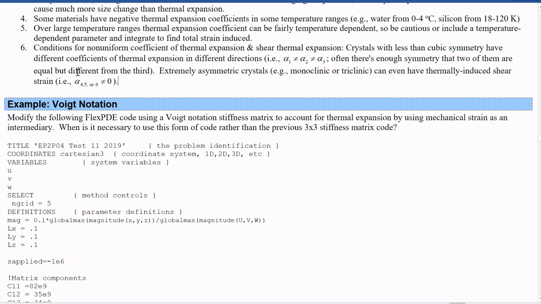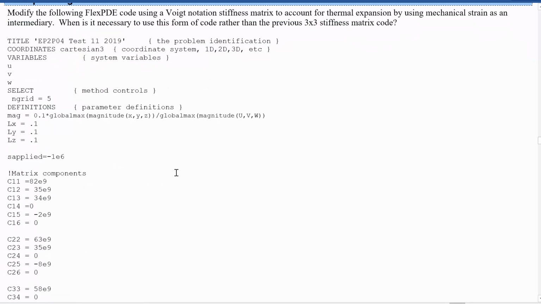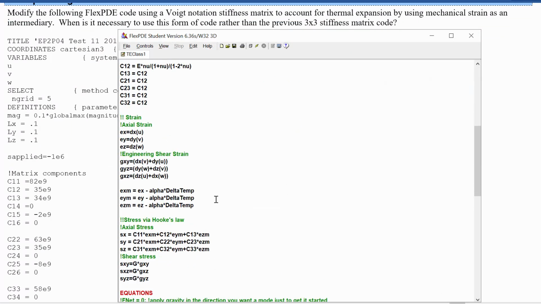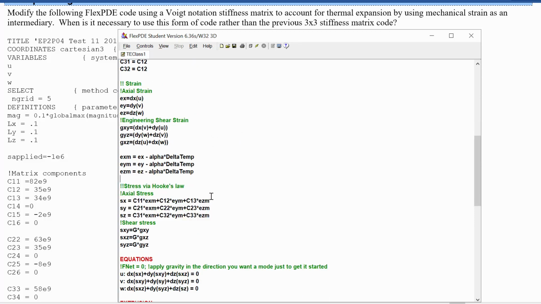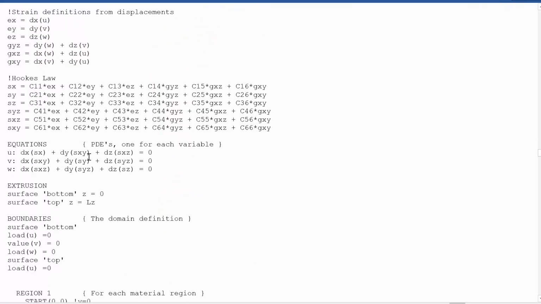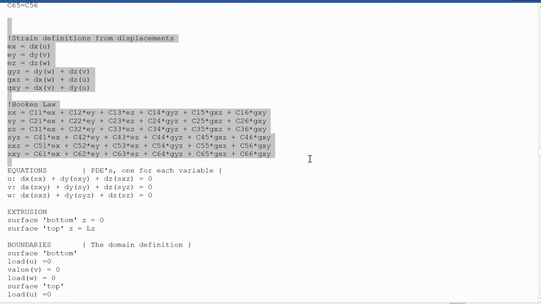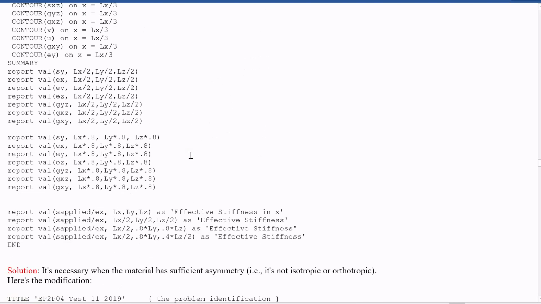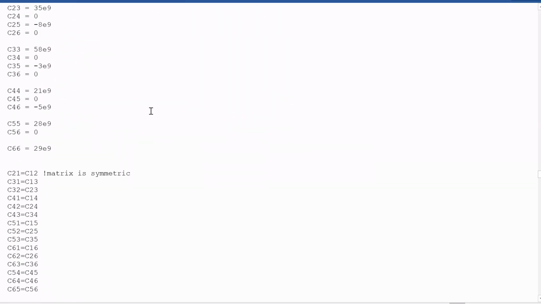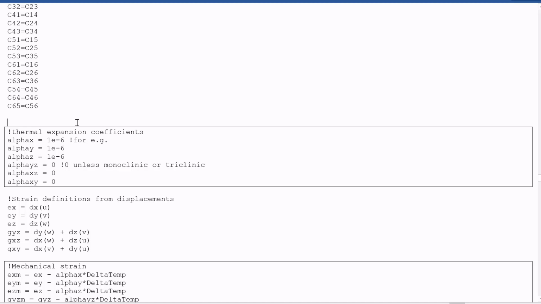In order to deal with that kind of asymmetry, we're going to want to set up FlexPDE a little bit differently than we did in the last example, when we were just having it deal with possibly the same alpha in X, Y, and Z, and then only allowing that to modify the axial stress. If we wanted to deal with potentially a different alpha in every direction, then we could go back to our Voigt notation form of the FlexPDE static stuff that we had from what we called general elasticity in 2PO4, and then modify it to include the mechanical strain and thermal strain.